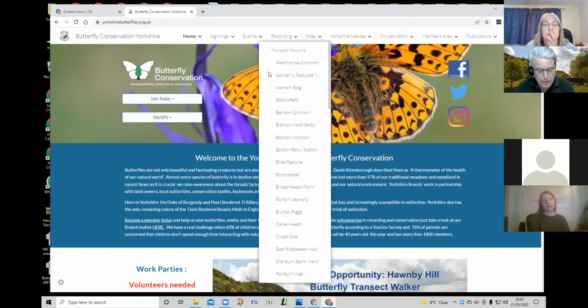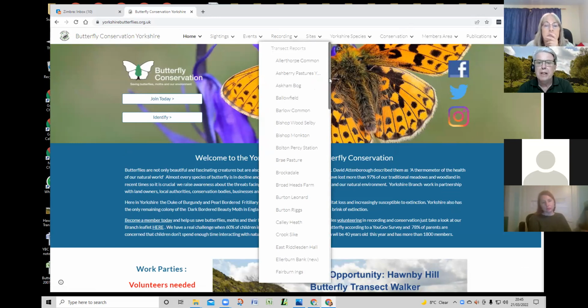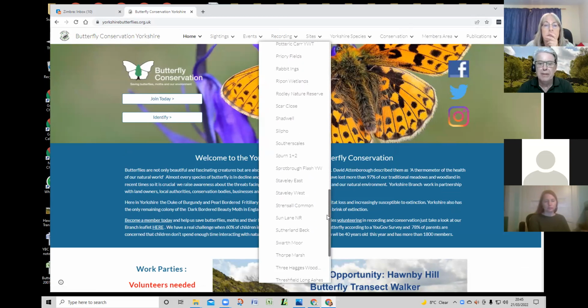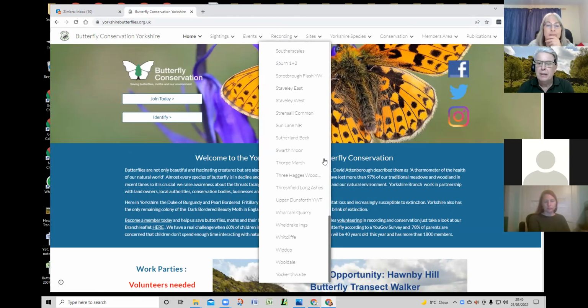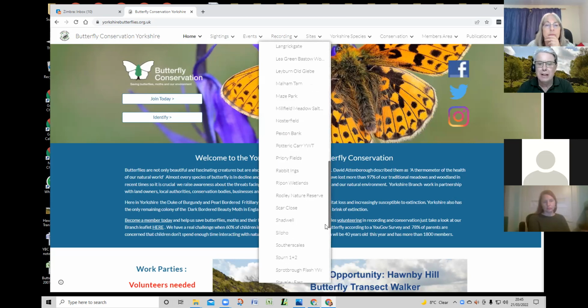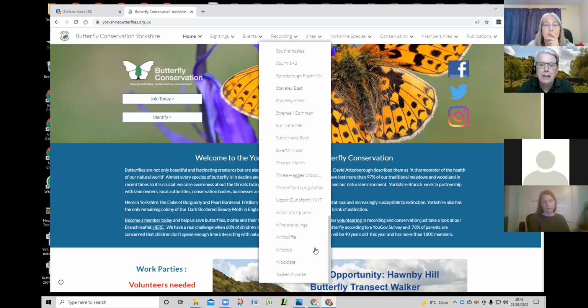And I'm going to look first at an interesting one. It's new. I think we have the walkers with us. Let me just have a second. Boron Quarry.